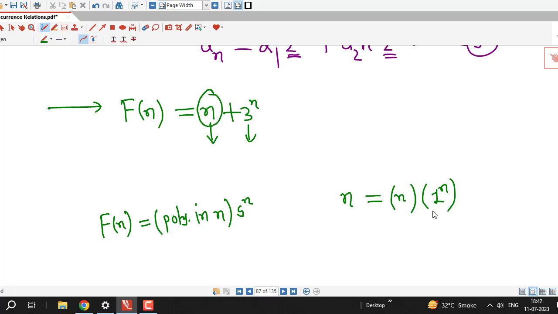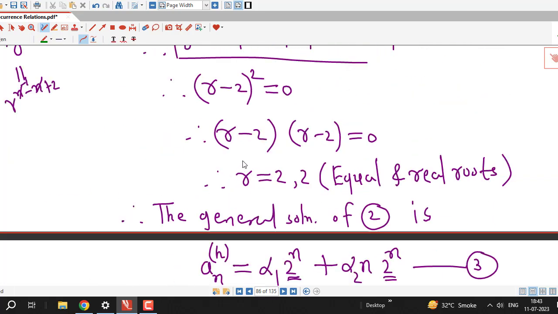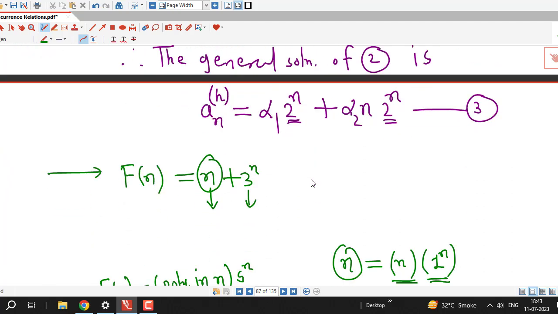Here I have n only, so I am writing s equal to 1. So corresponding to this function n, I have s equal to 1, and s equal to 1 is not a root of the characteristic equation. Roots of the characteristic equation are 2 repeated 2 times.